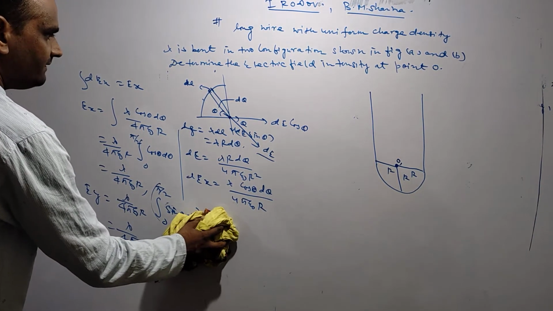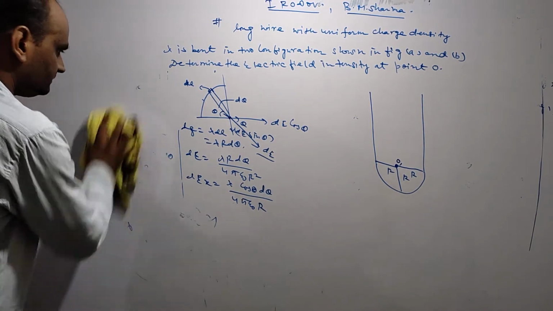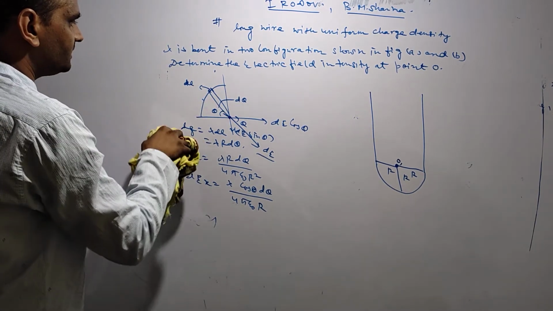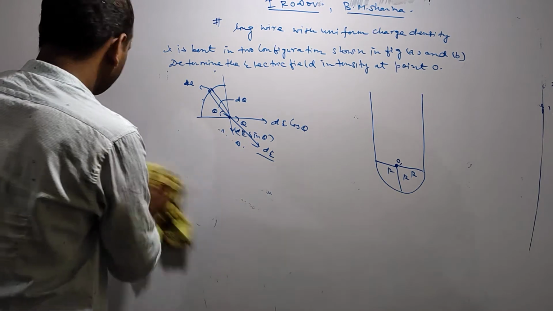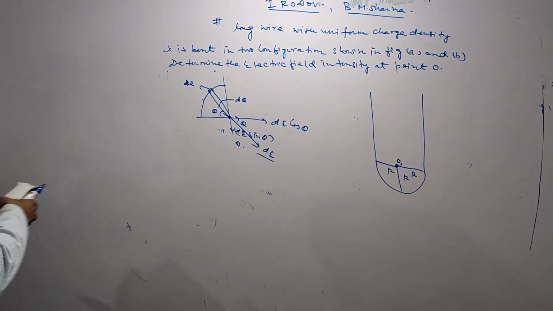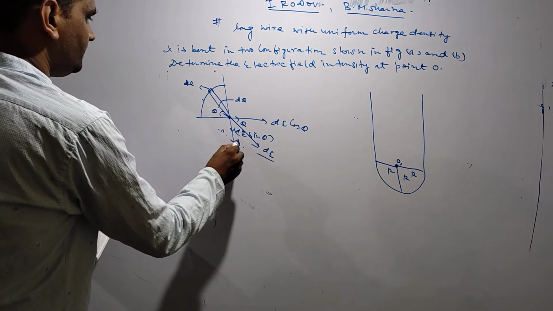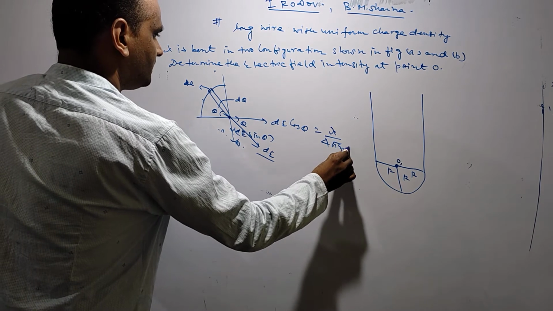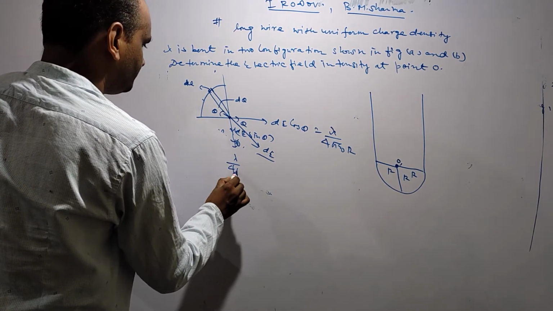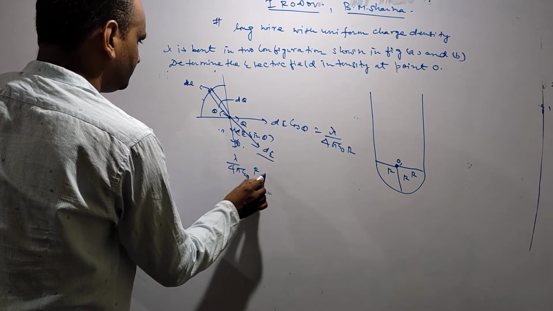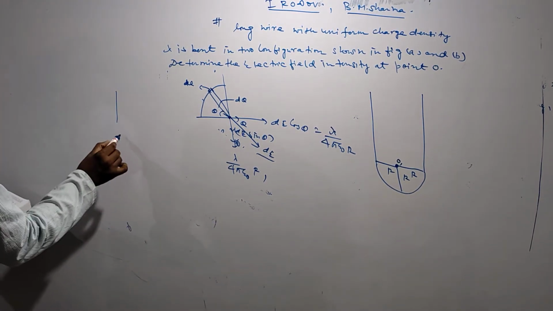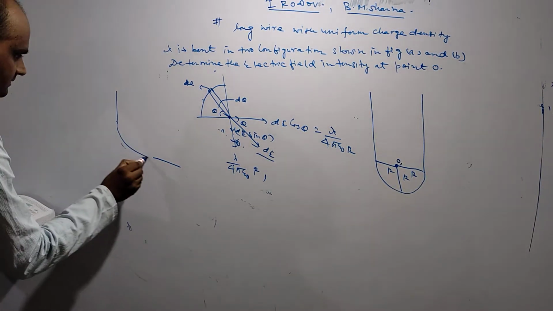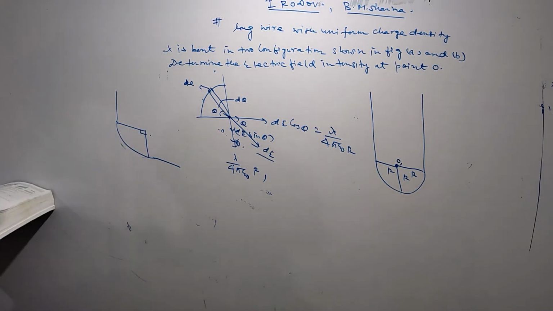So due to this half of semicircle, it is just a quarter, we have electric field like this. Okay, here in this direction lambda by 4 pi epsilon naught r, and in this direction lambda by 4 pi epsilon naught r. So we have the configuration like this, and this is going to be 90 degrees.